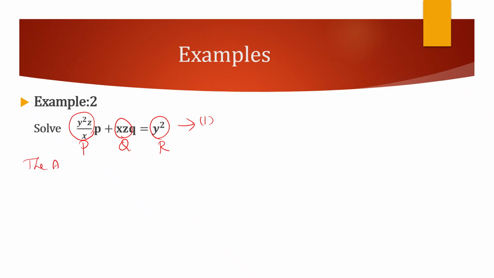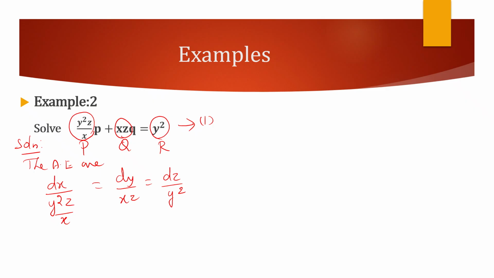The auxiliary equations are dx by capital P, that is dx by y square z by x, and dy by x into z, and dz by y square.